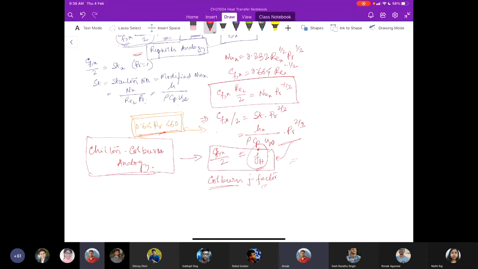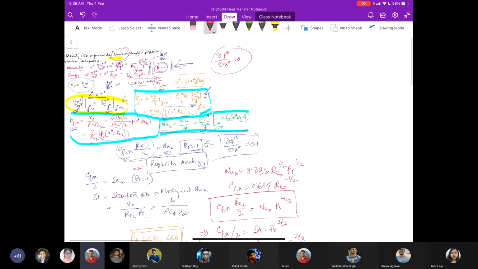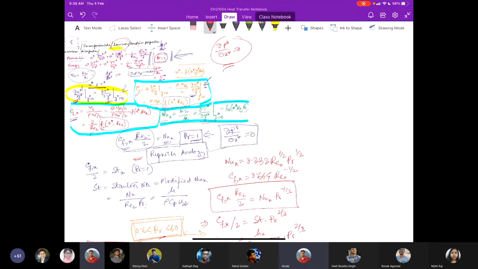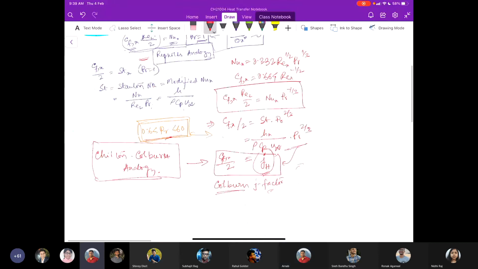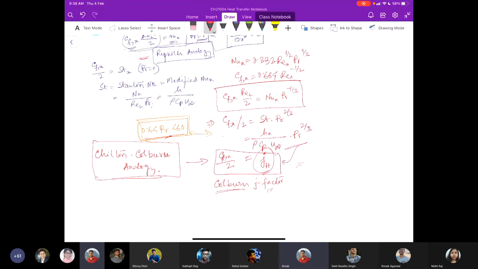But it has been seen that it is also applicable for turbulent flow over a surface, and including the presence of pressure gradient, which we assumed 0 for deriving this analogy. That means it has a wide applicability for various scenarios. It may not be that accurate, but still you can estimate to start your calculation, as a preliminary estimate, which works pretty well.